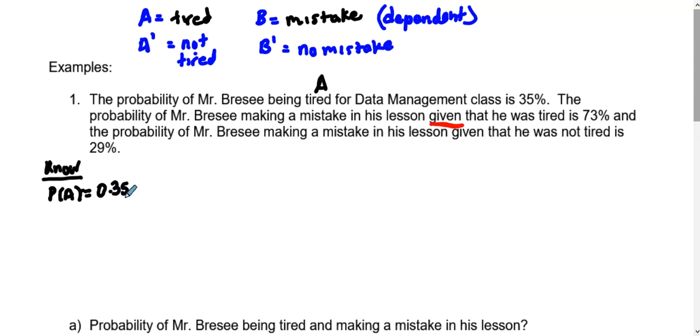So we're going to write that as a decimal. So check mark. Second part is the probability of making a mistake, there's my B, given, so that's where that slash comes in, being tired, which is A, is 73%. So this is the next thing that I know.